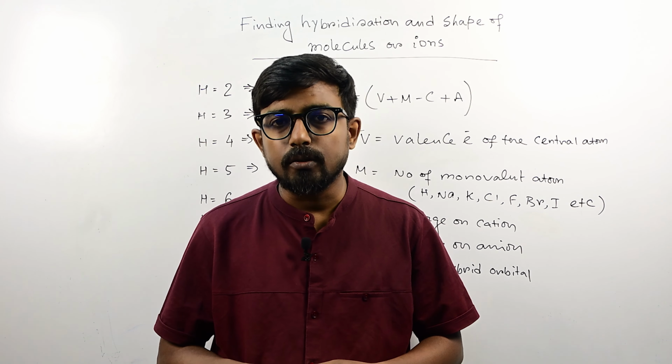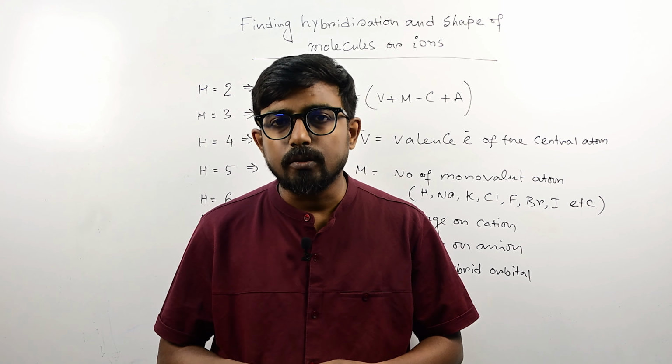So if we join all these fluorine atoms, we get a square base, and then it forms a pyramid with the oxygen atom. So it is a square pyramidal structure having 5 bond pairs and 1 lone pair. Next, what is the hybridization of the molecule? It is sp3d2.